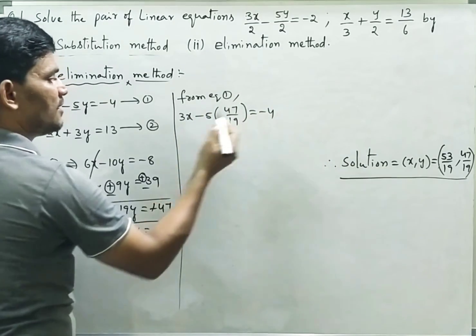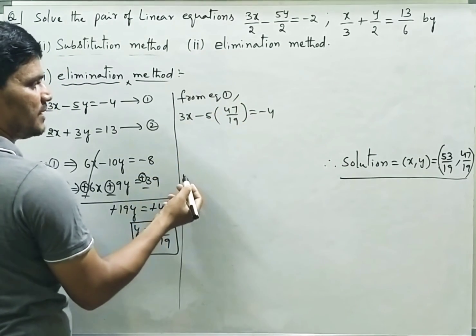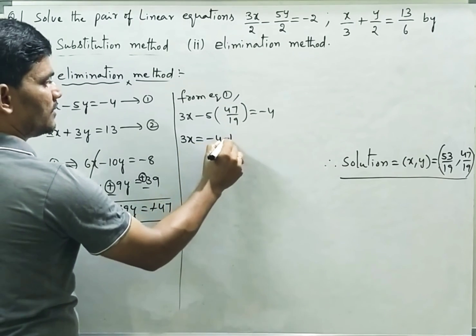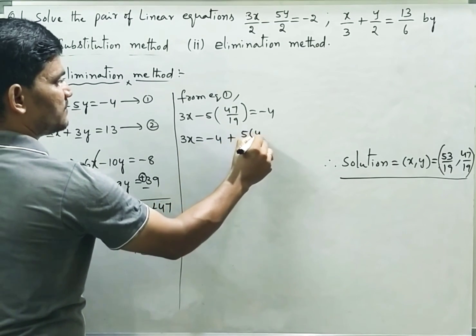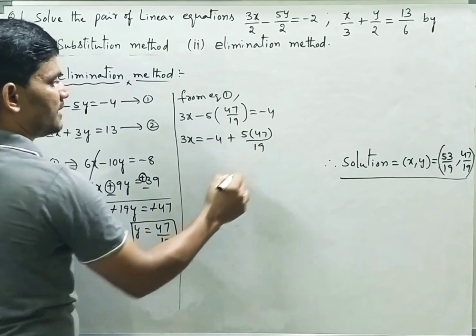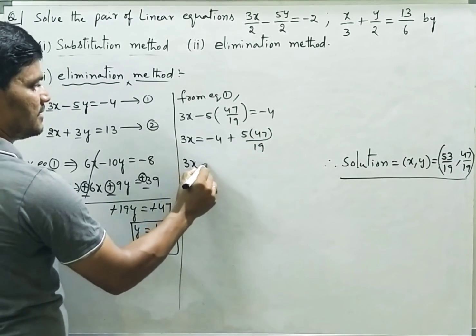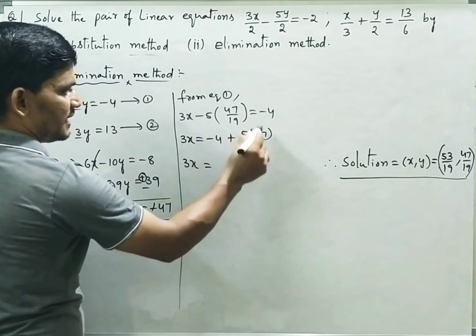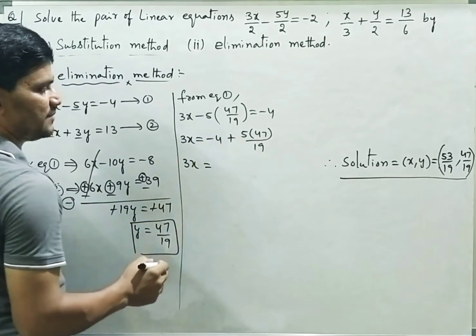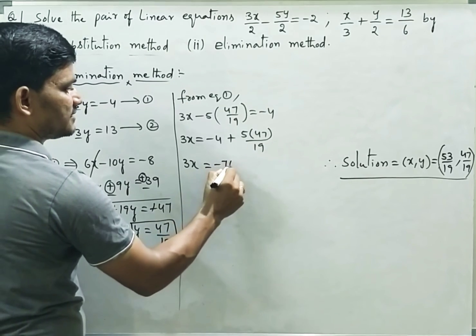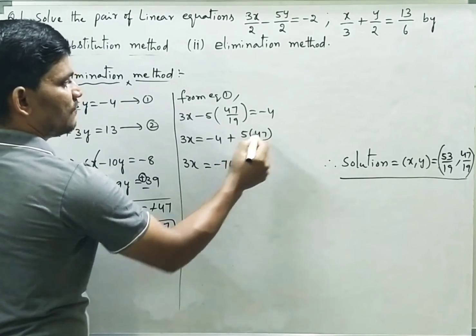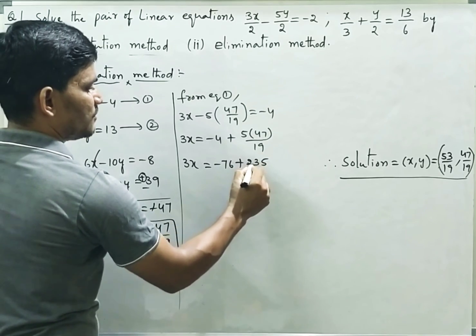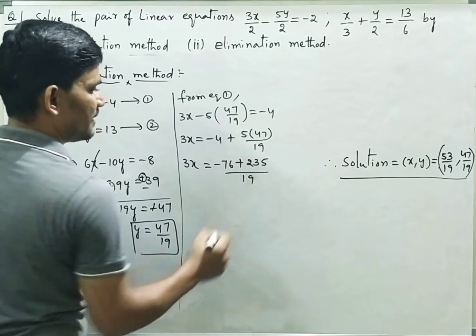Bring this minus 5 into 47 by 19 to the RHS. 3x is equal to minus 4 plus 5 times 47 by 19. It is 3x is equal to, treat like a mixed fraction, 19 4s are 76, minus 76 plus 47 5s are 5 7s are 35, 20, 235, by 19.